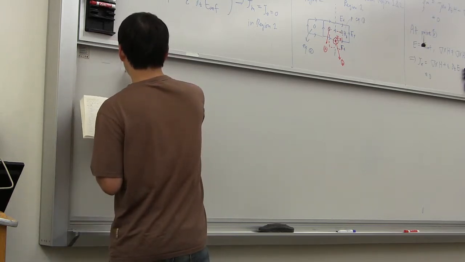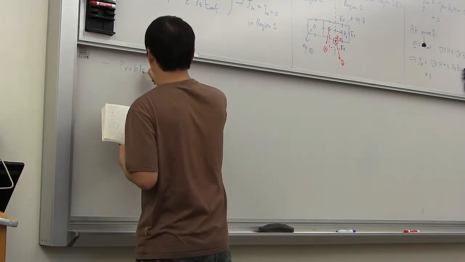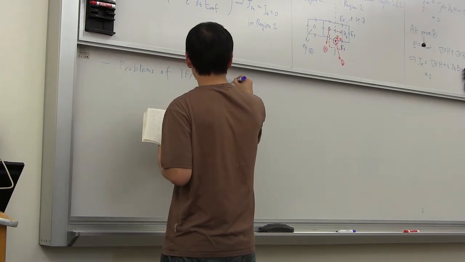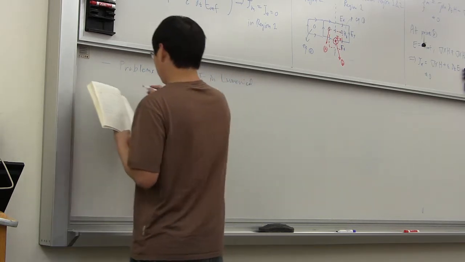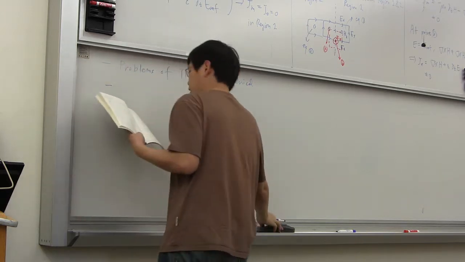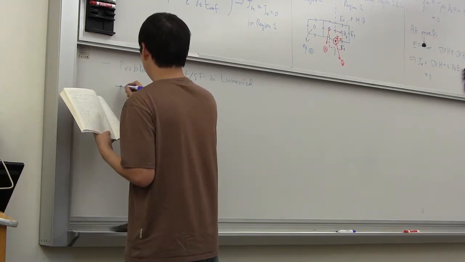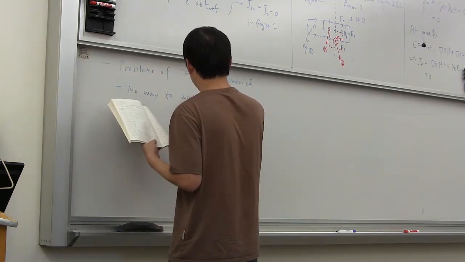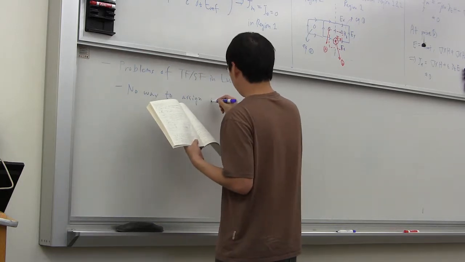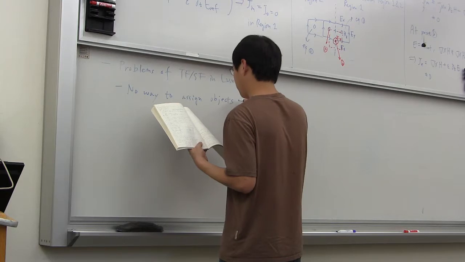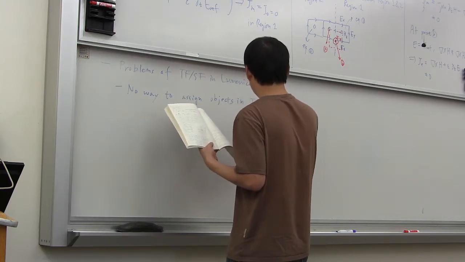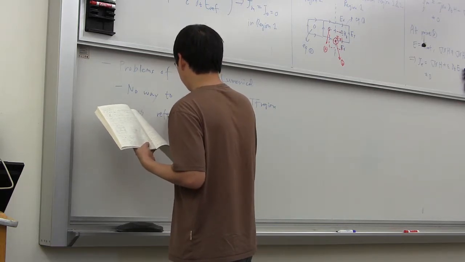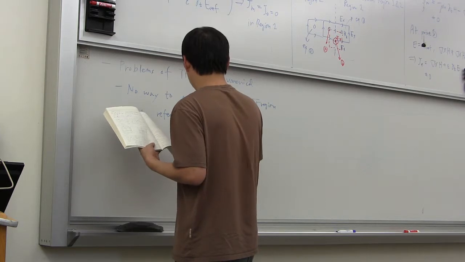So problems of TFSF in Lumerical. So there's no way to assign objects in TF region as reference structure.